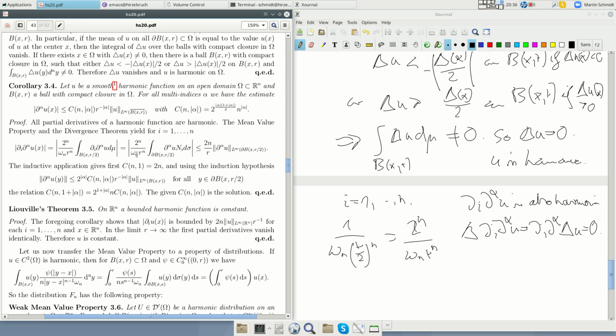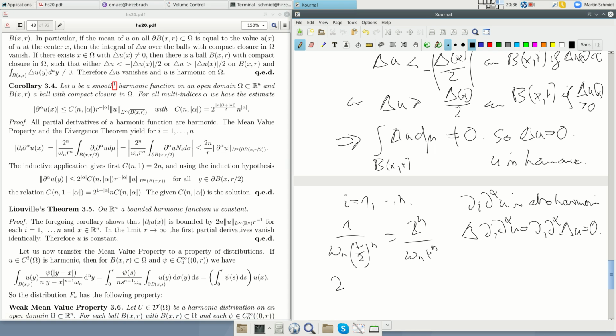This we may estimate, since here we have also 2n to the power of n times omega n times Rn, which is of course the same, I claim, as 2n over r, and now times 1 over omega n times r half n minus 1.